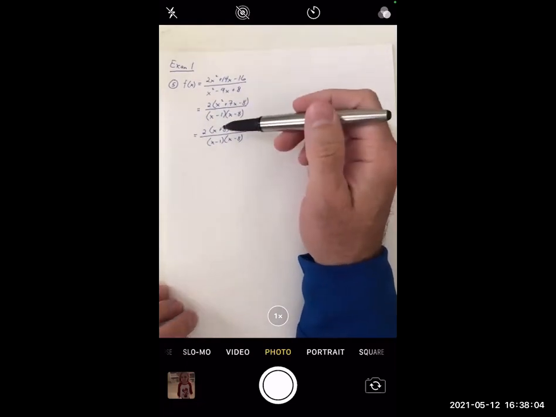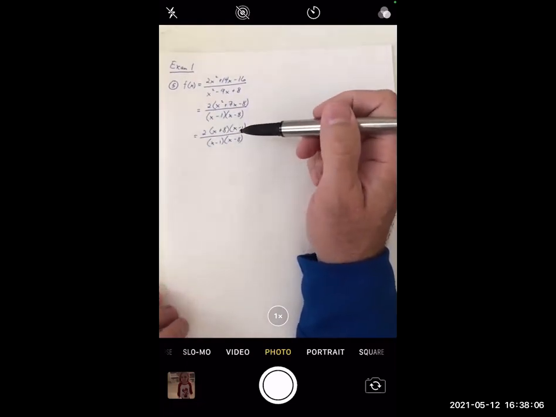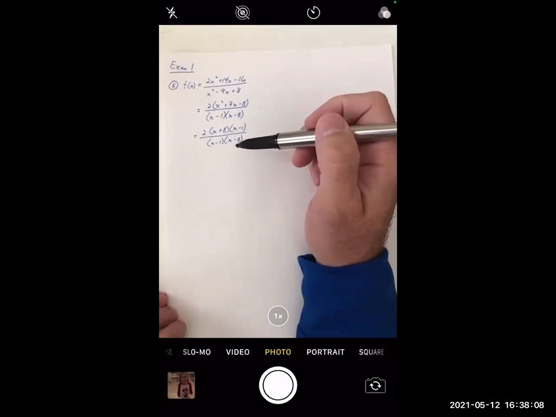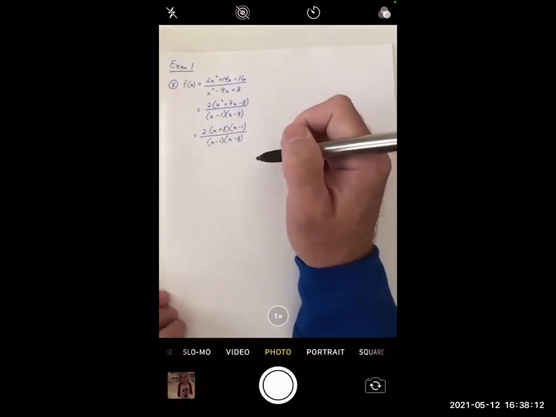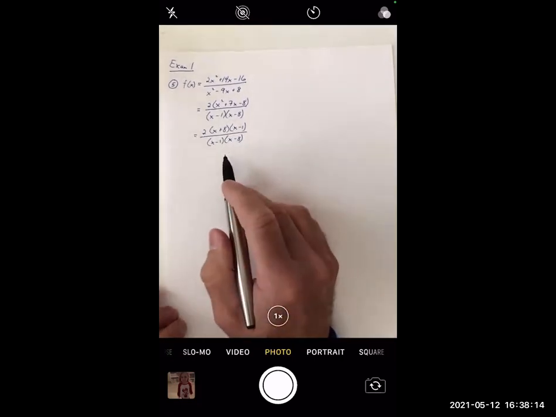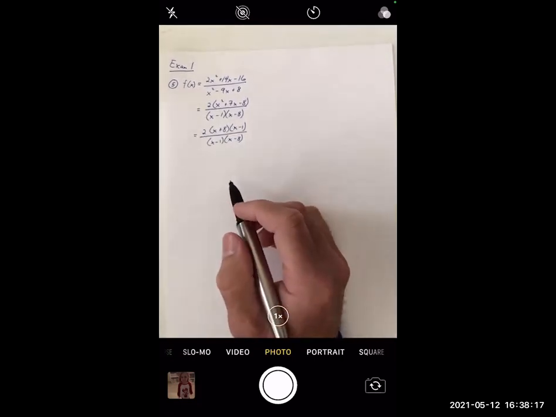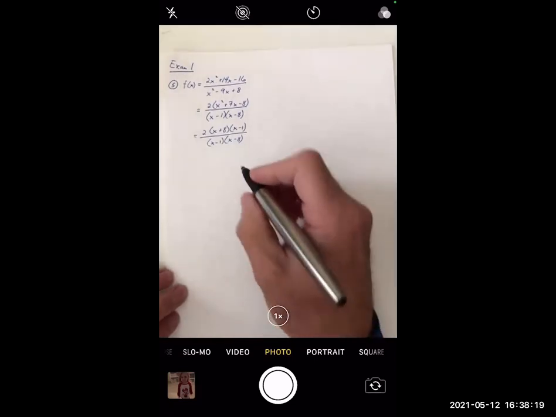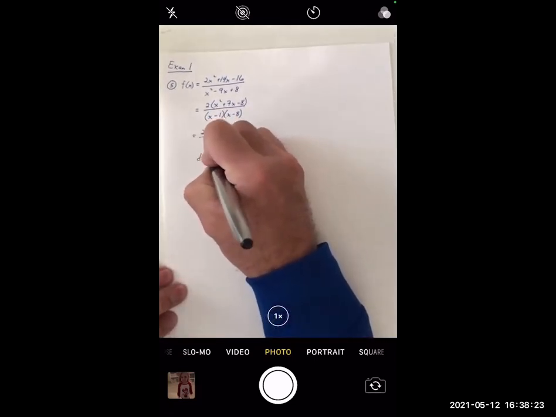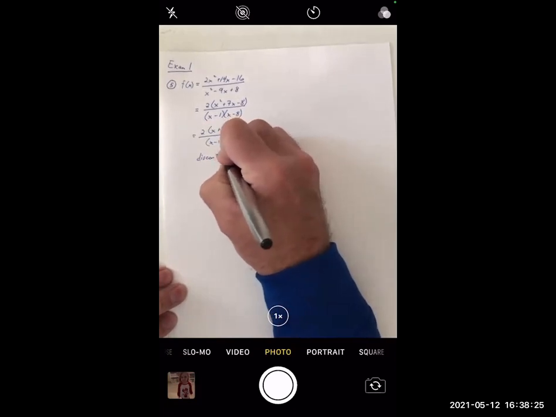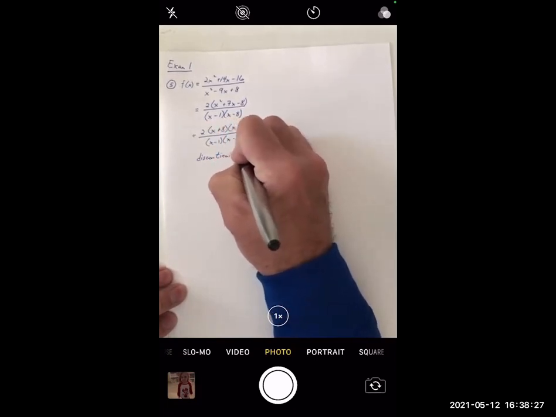Okay, so one version was where are the removable discontinuities, and the other one was where are the non-removable discontinuities. So first off, before we figure out which one is which, what are the discontinuities? One and 8? Yeah.